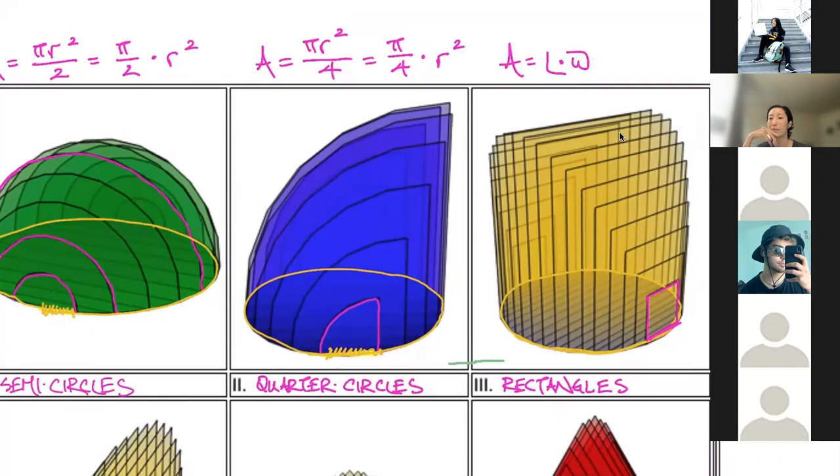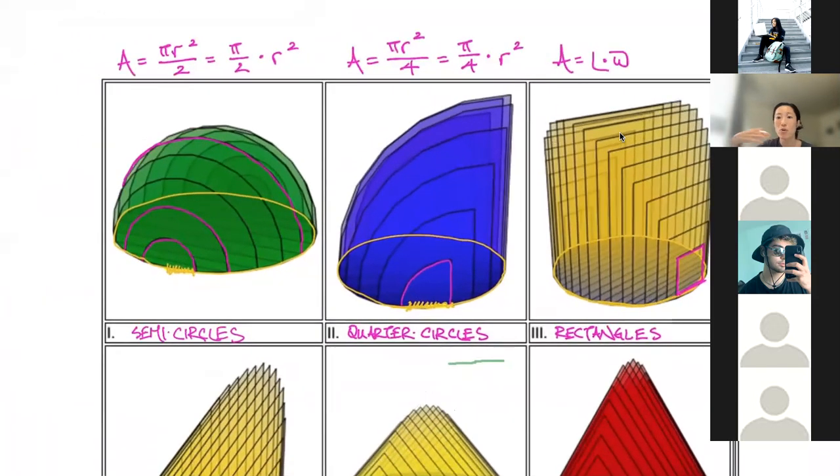Would you say that the bottom of the rectangle goes all the way across the base or halfway across the base? All the way. Good, good, good. Okay. Now, these are important questions to ask yourself as you're imagining these pictures, okay?